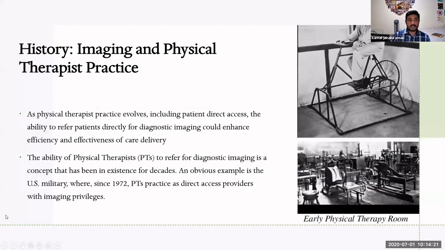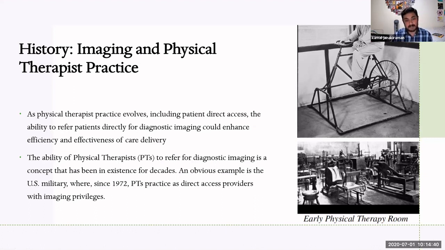Some brief history about imaging and physical therapy practice. As physical therapist practice evolves, including patient direct access, the ability to refer patients directly for diagnostic imaging could enhance the efficiency and effectiveness of care delivery.